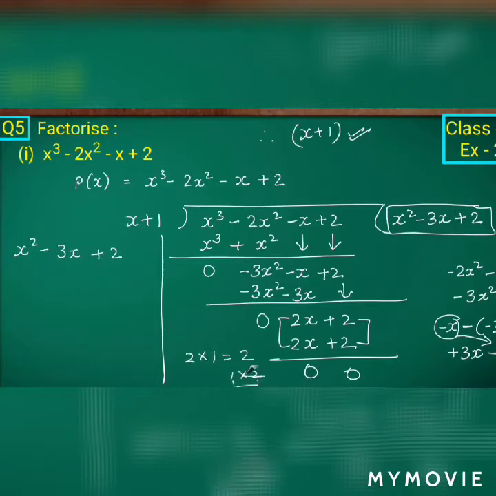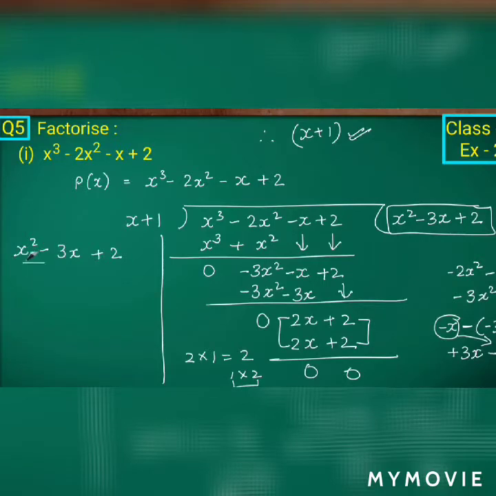So what are the terms I can take here? Minus 1 and minus 2, isn't it? Minus 1 into minus 2 is giving plus 2, minus 1 minus 2 is giving minus 3, isn't it? So that is how we can split the terms. When we multiply, we have to get the product 2, and when we add, we have to get minus 3, isn't it?